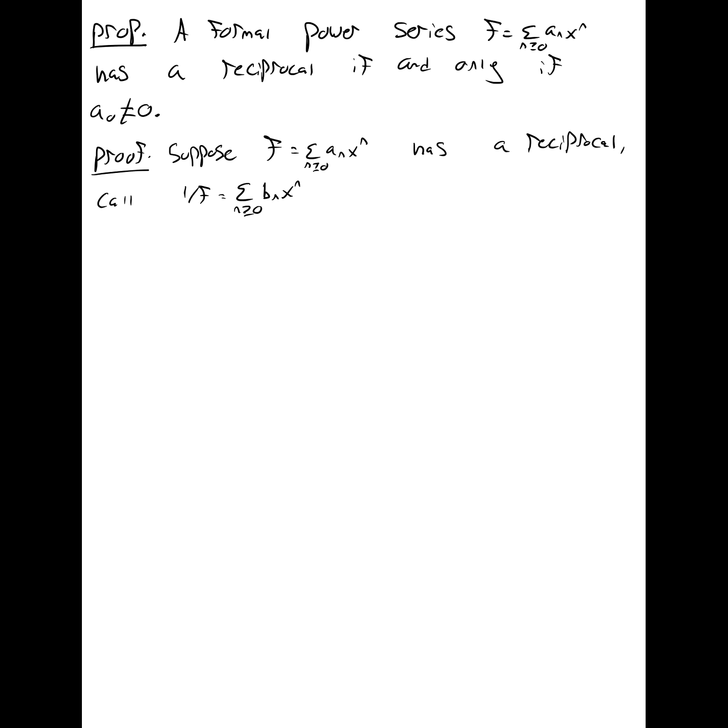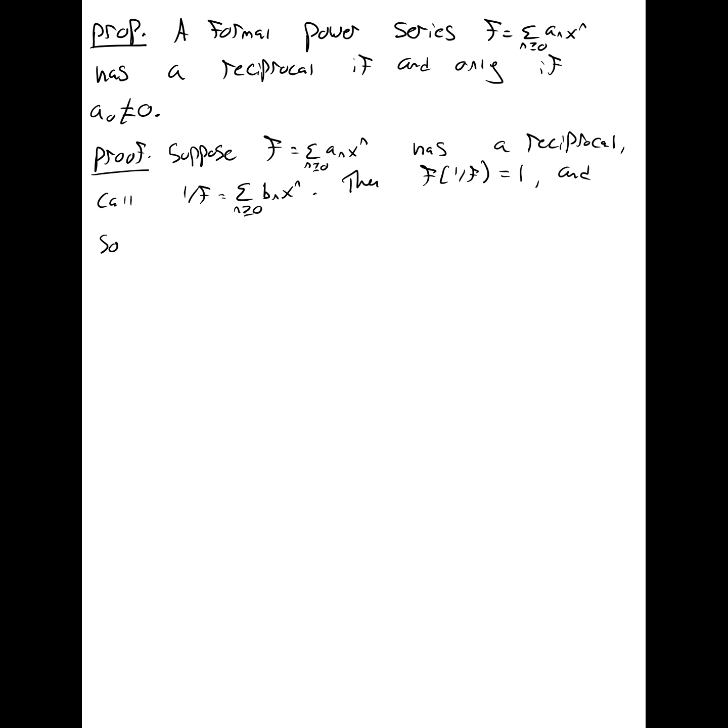And so let's just say that these two are reciprocals of each other. Then, certainly, by the definition of being a reciprocal, we know that the product of them is going to be 1.